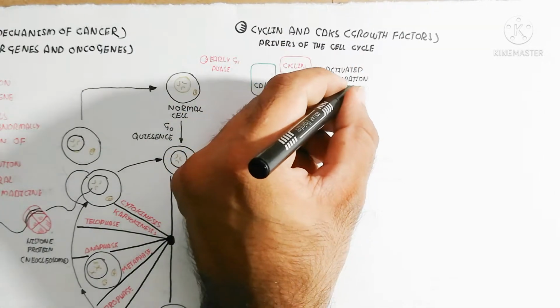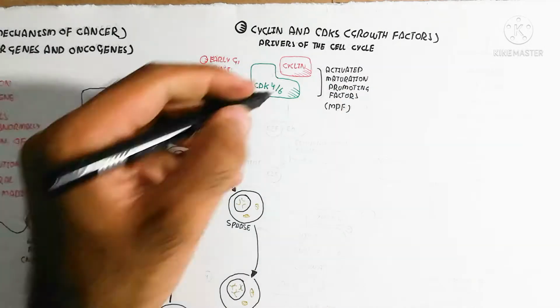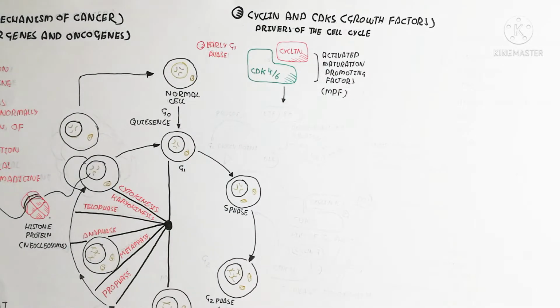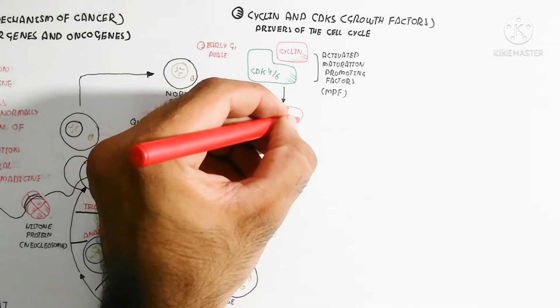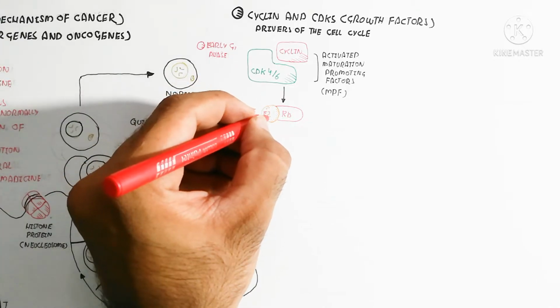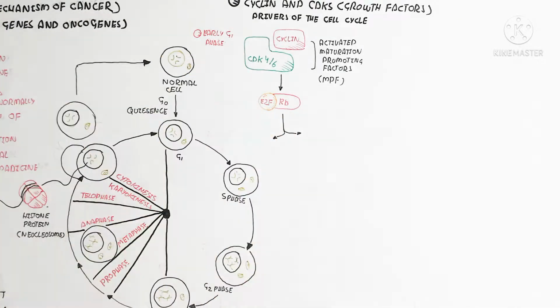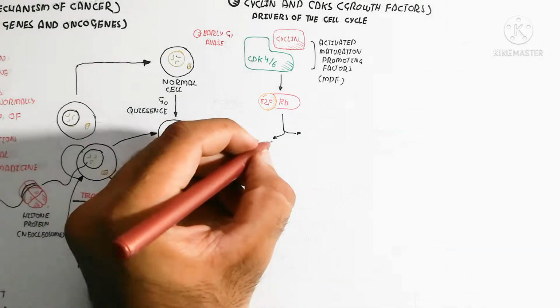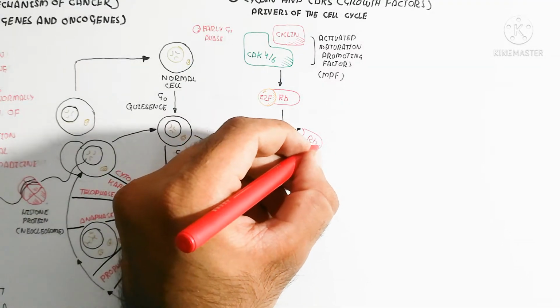Here, the early G1 phase is used for cyclin attachment with CDK4 and 6, which basically activates the maturation promoting factor, which will bind. This MPF will trigger E2F and the retinoblastoma protein, which bind the complexes. These complexes will be broken down by this MPF.